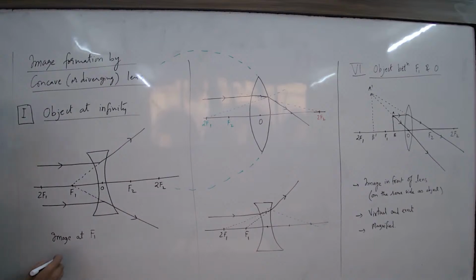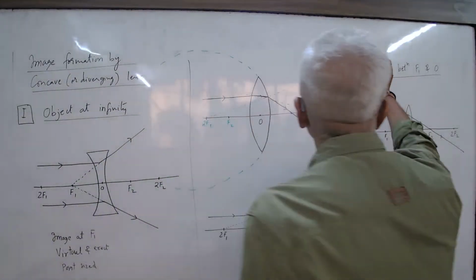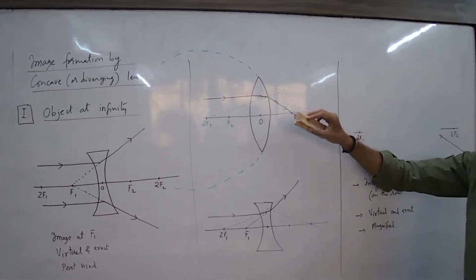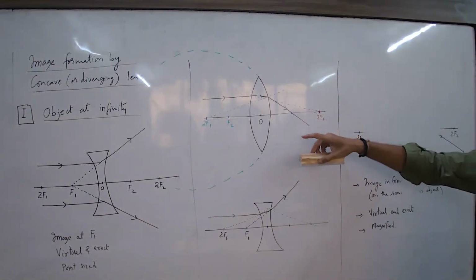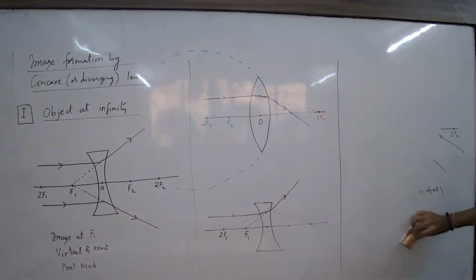So this is virtual, and this is point sized. Okay, next. This was just to tell you. If anybody is curious, they can draw it, otherwise it is not required.